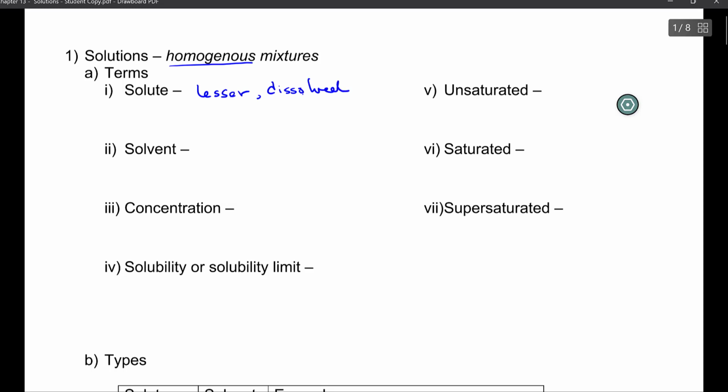Now, in a solution, we have the solute and the solvent, and the solvent is usually what's in greater quantity, and it's doing the dissolving. So when you think about, for example, water and salt, water is usually in greater quantity and it does the dissolving. So we think about that in those terms as water being the solvent.